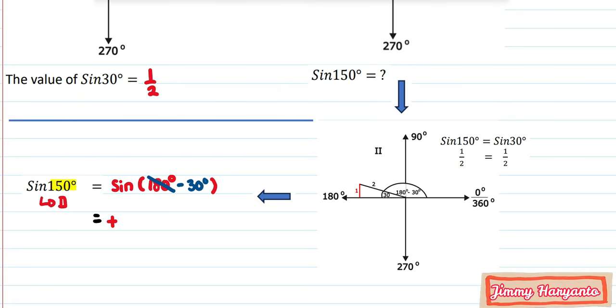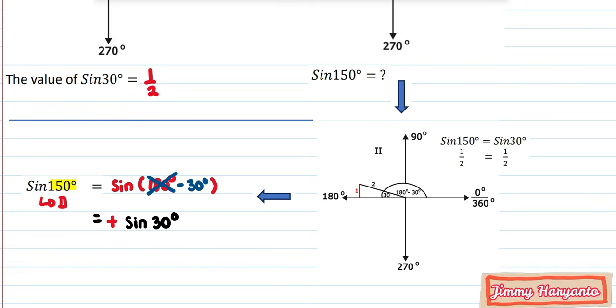Because 180 degree is only a reference, you can cross it out. So you have sine 30 as the final result. You ignore the minus also, because the minus is only to make the 180 degree into 150 degree. So this is how you convert the 150 degree into an acute angle.